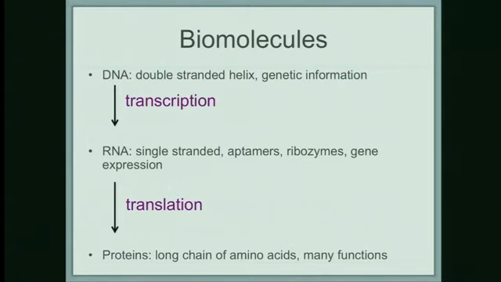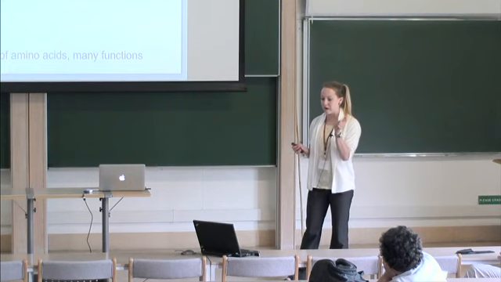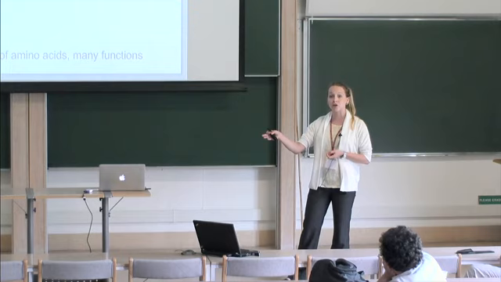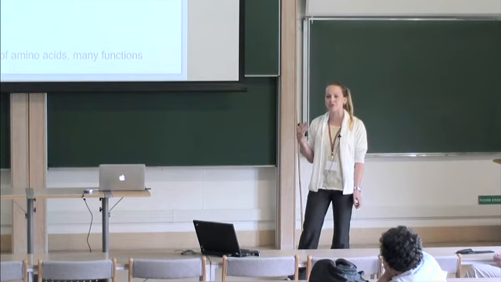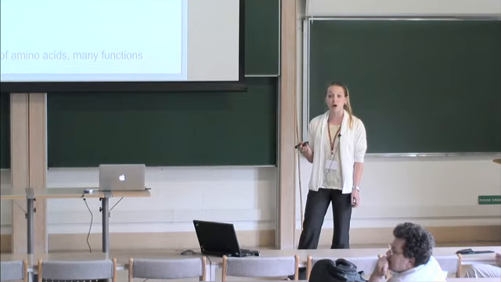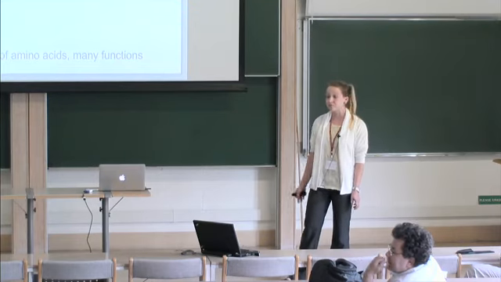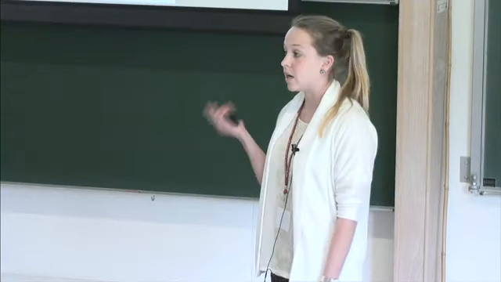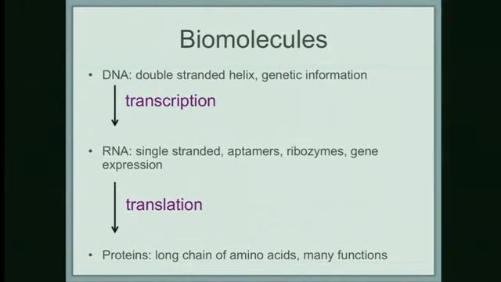Aptamers are sequences of RNA that bind to other target molecules in order to then regulate the RNA's activity. And ribozymes are actually enzymes which catalyze chemical reactions.